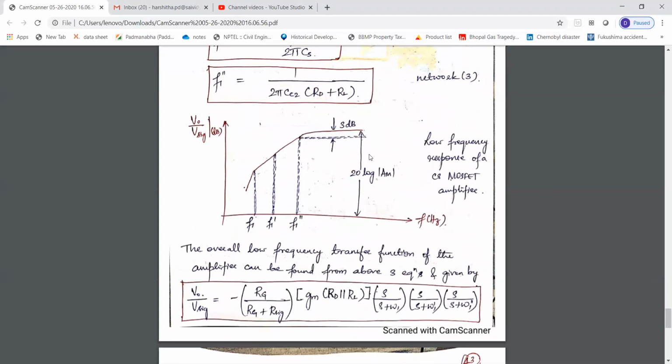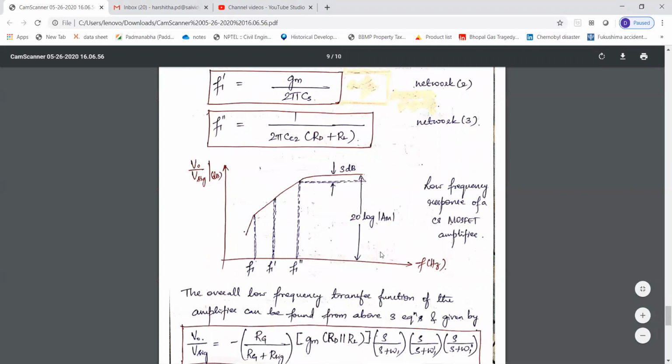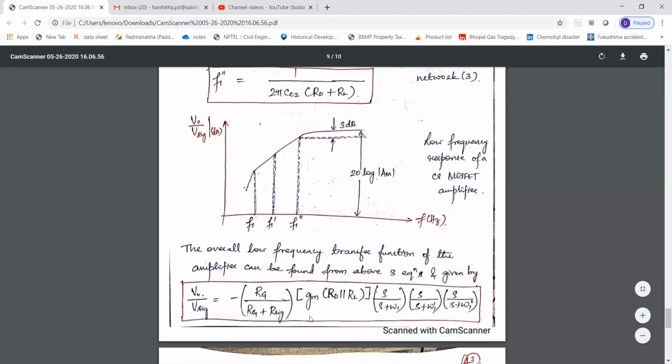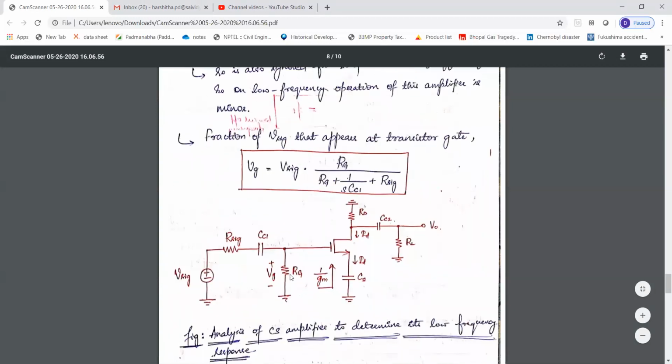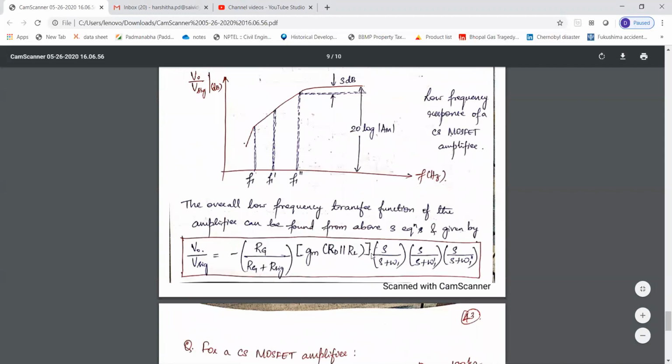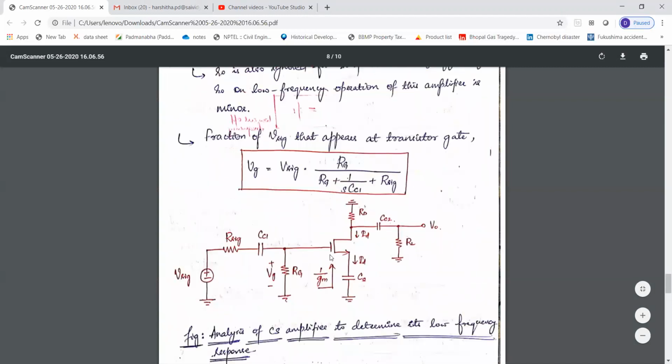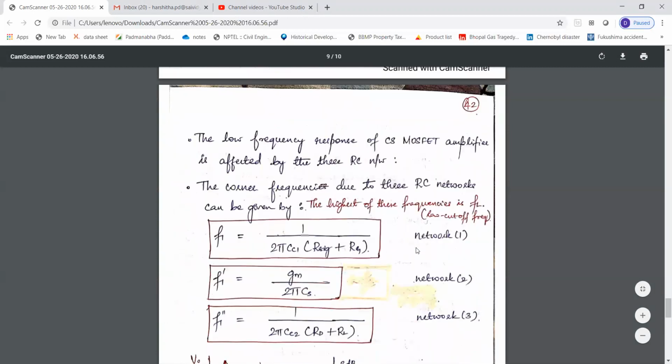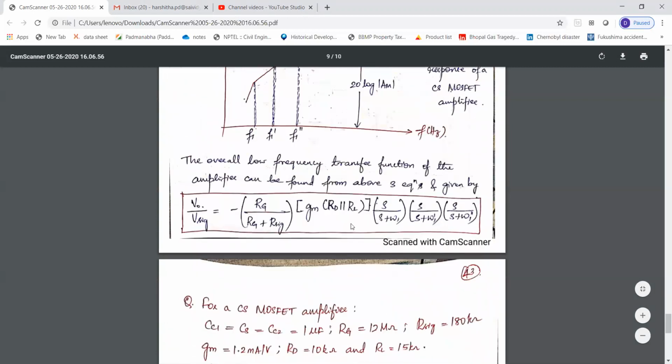The overall frequency transfer function of the amplifier can be found from the above three equations. It is very complicated actually, and the calculation is not included here. V naught by V signal is equal to minus RG by RG plus R signal, that is due to this, and we have Gm into RD parallel R naught, RD parallel RL. R naught is not there because R naught has a negligible effect in determining the low cutoff frequency.